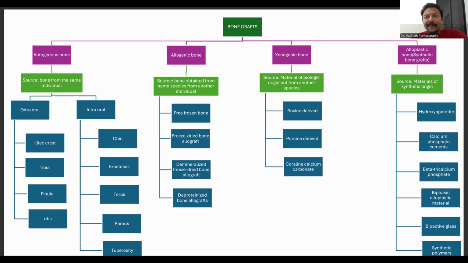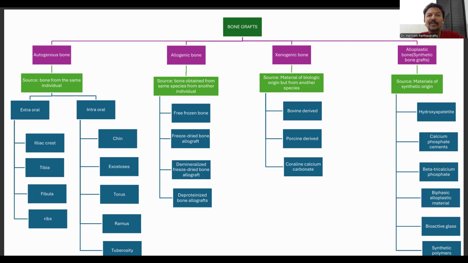So xenogenic bone grafts are good choices for use in socket preservation, ridge augmentation, and sinus grafting. This particular bone graft can be used in many scenarios. Unlike autogenous bone and allogenic bone, which can be used only in specific scenarios, these xenogenic bones can be used in multiple scenarios. That makes them popular choices for bone grafting procedures.